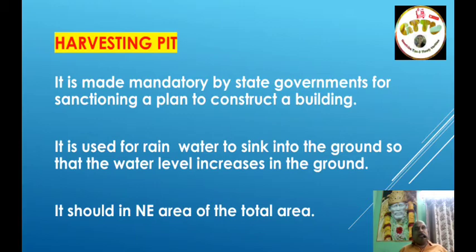What is the use of a harvesting pit? The rainwater you collect should be sent to the place where it sinks into the ground and the water level increases. And always it should be in the northern area, eastern area, or northeast area, because you are providing water into your own ground so that the level increases.